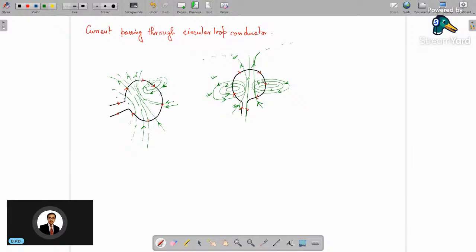So basically, if we go for attaching this kind of circular loop, then we will see the behavior of the current and magnets like this.